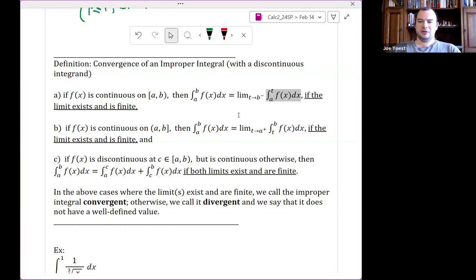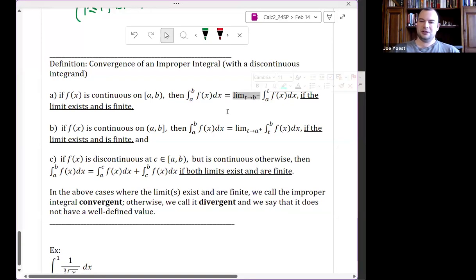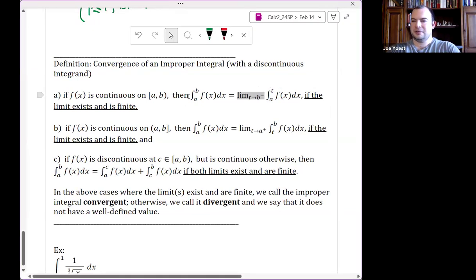So I do the integral from a to t of f of x dx, and keep t in the open interval a to b. And then we just take the limit of that result as t goes to b from below. So we sneak up on the problem point with a limit. That limit is the value of the integral if the limit exists and is finite.